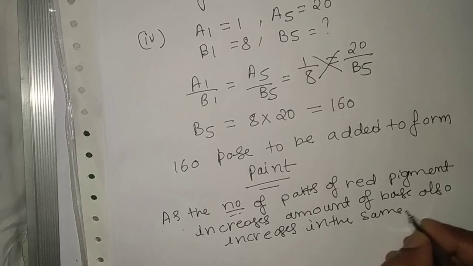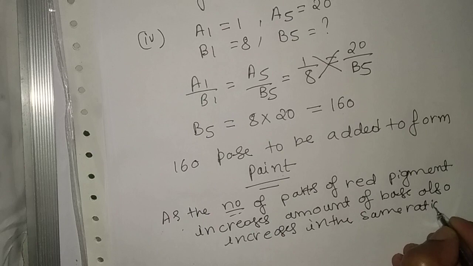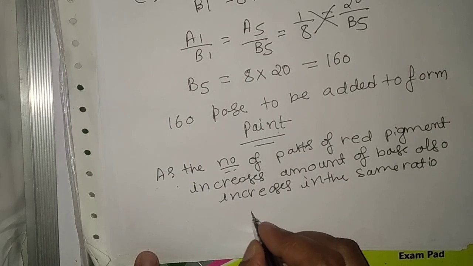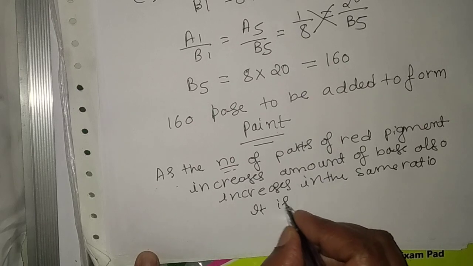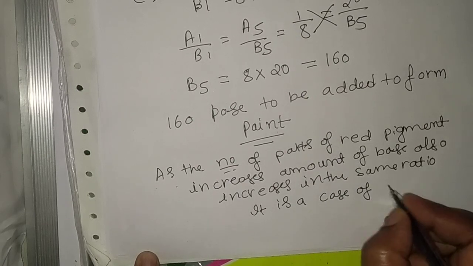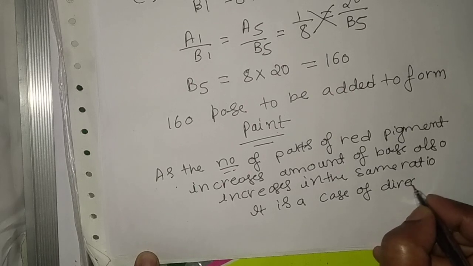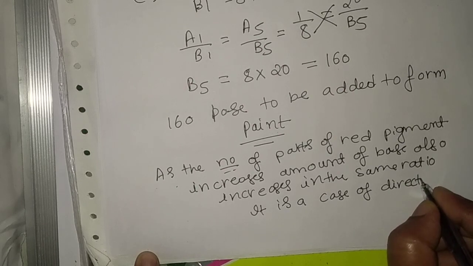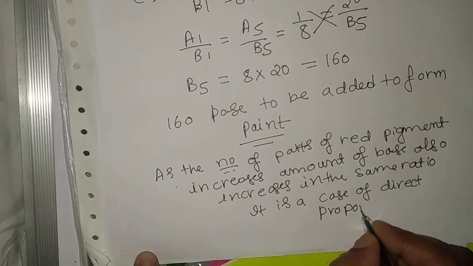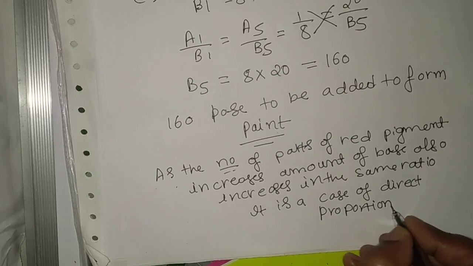This is the conclusion we have to write. Finally, we have to write it is a case of direct proportion. So this is the conclusion for this.